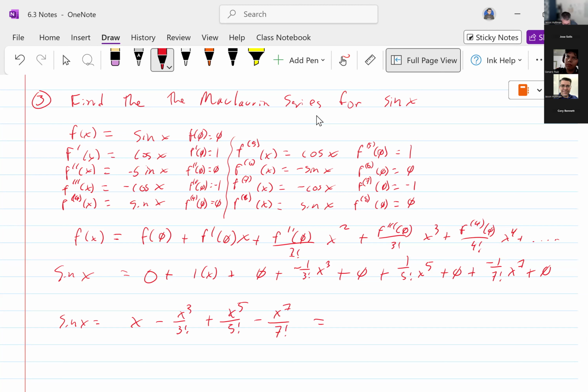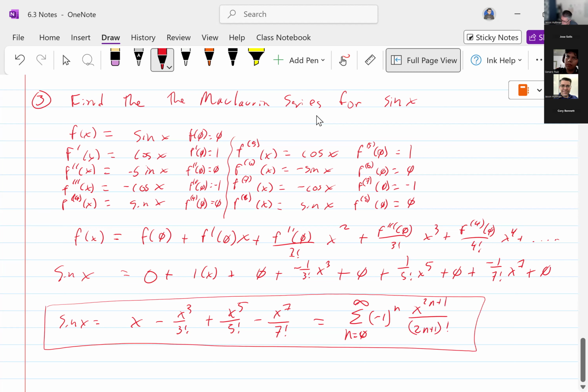Okay, so how do we generate odd numbers? Well, we can say this is the sum from n equals 0 to infinity of negative 1 to the nth power, x to the 2n plus 1 all over 2n plus 1 factorial. And that is the power series for sine.